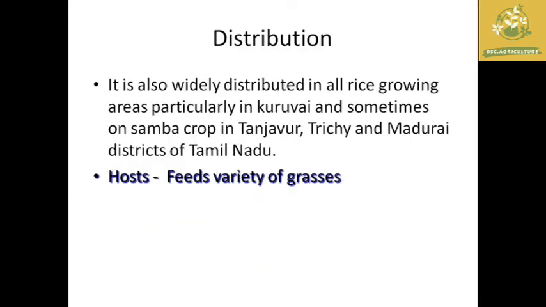And regarding the distribution, it is distributed in all rice growing areas, but the major infestation takes place during Kuruvai and some in Samba crop seasons. Their hosts are a variety of grasses, varying from one to another.